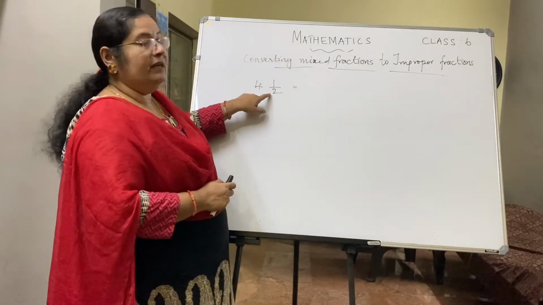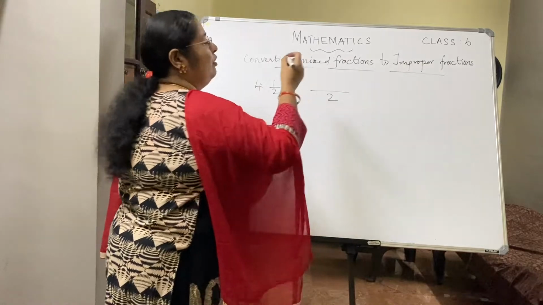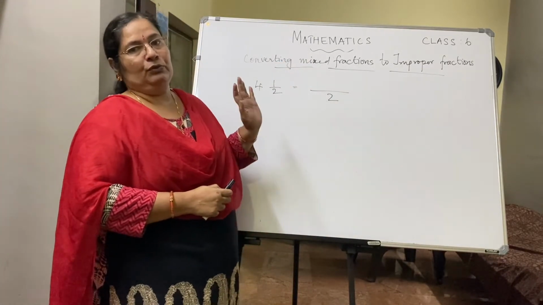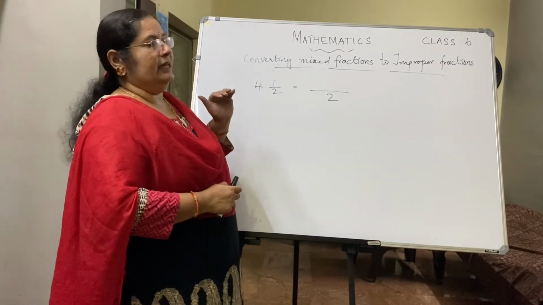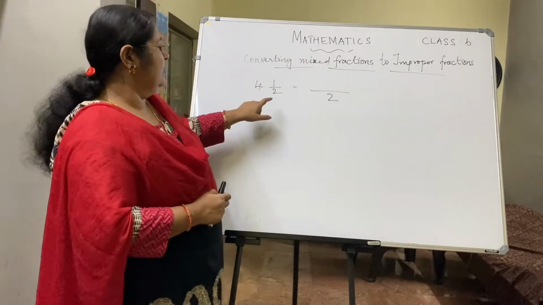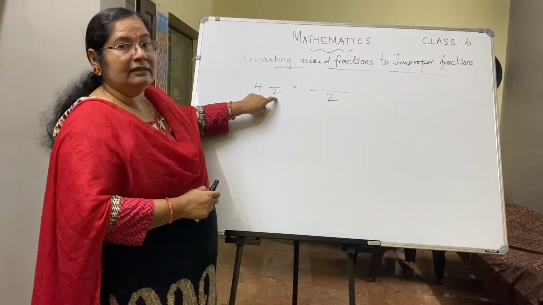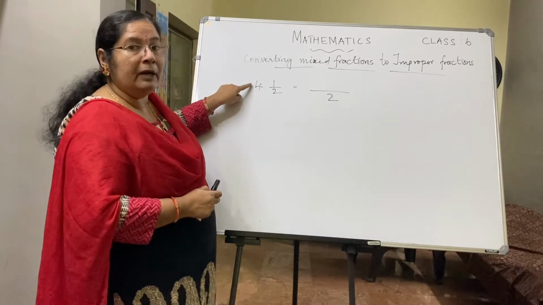So what is the denominator here? 2. So the denominator of the improper fraction will also be 2. Now coming to the numerator. How to find the numerator? You multiply the denominator of the proper fraction with the whole number part.